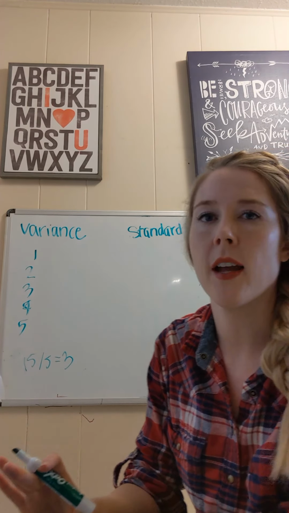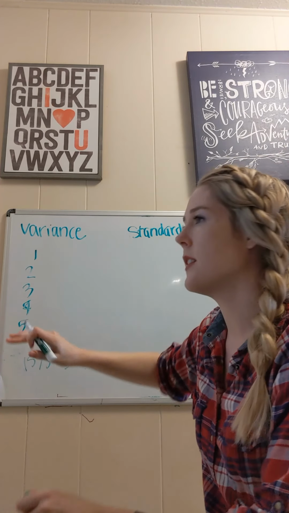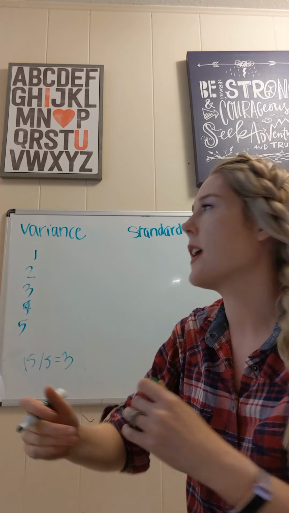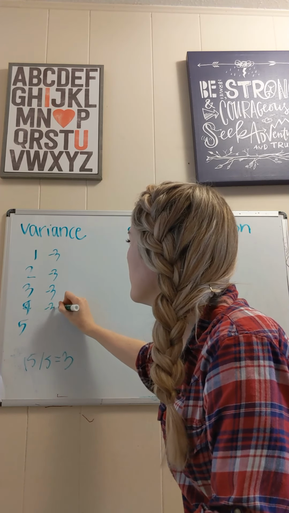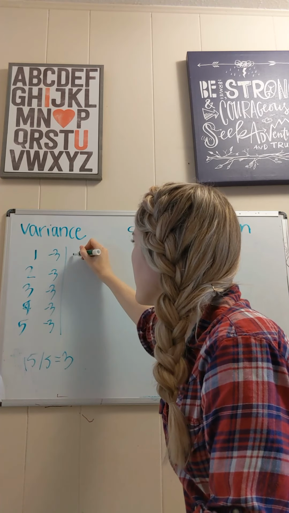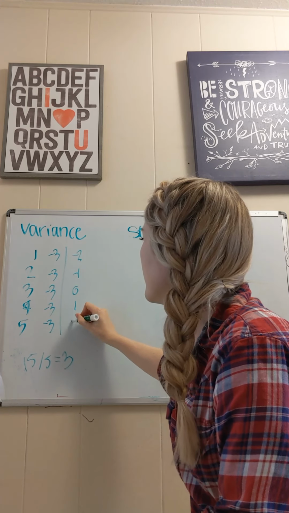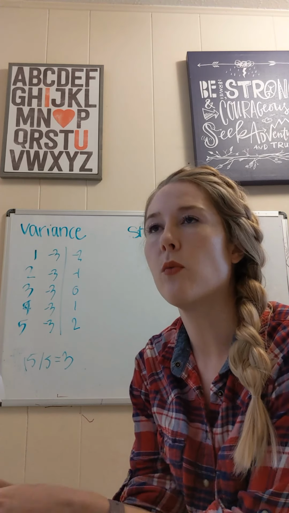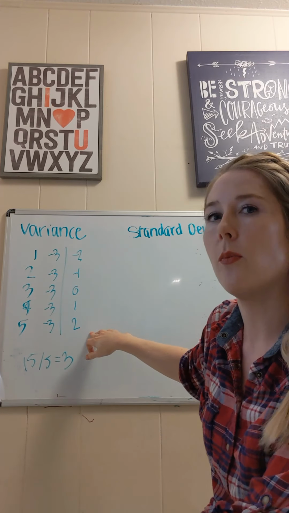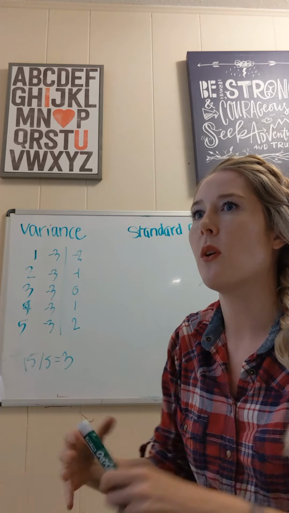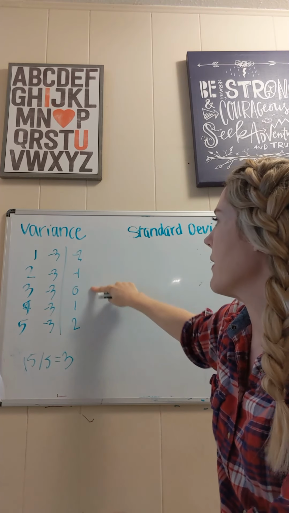Then we have to subtract 3 from all of these attributes to see how far away from the mean they are. So we're just going to go minus 3. That means this is negative 2, negative 1, 0, 1, and 2. Now, if we just added these together, we would end up with a total of 0, because we're finding the difference from the mean, which is in the middle, so there are negative and positive numbers.